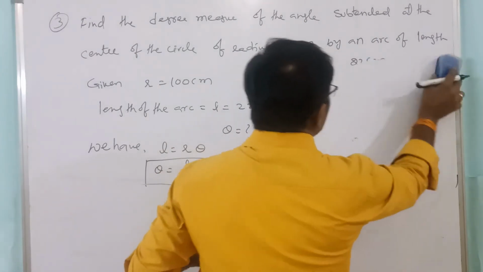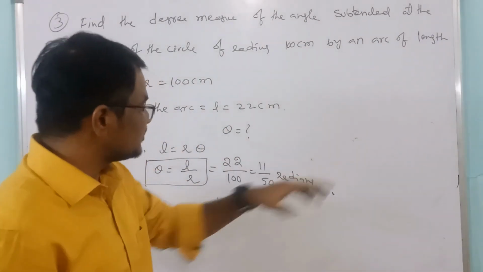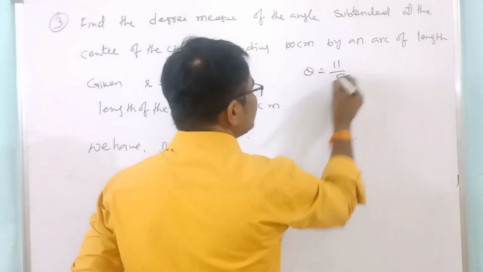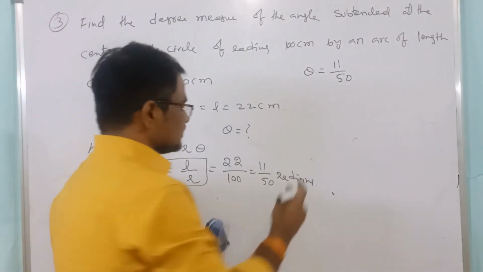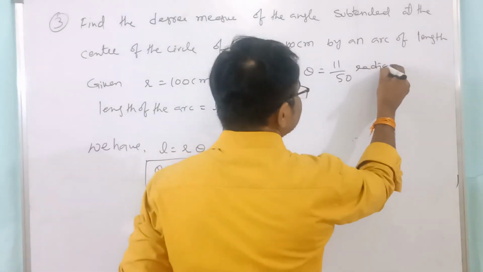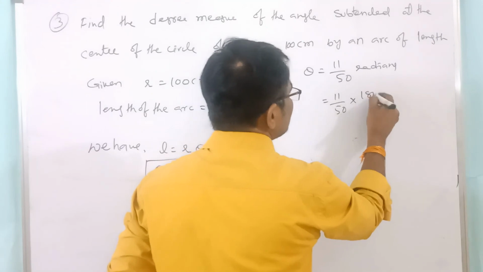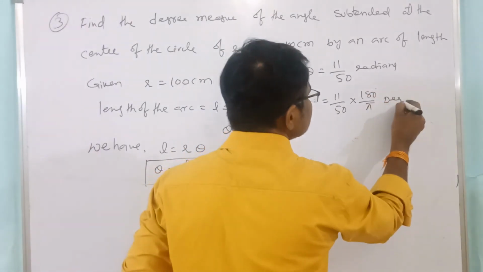So how to convert this radians into degrees? Theta equal to 11 by 50. So radians is there. To convert into degrees, multiply by 180 by pi degrees. Right?